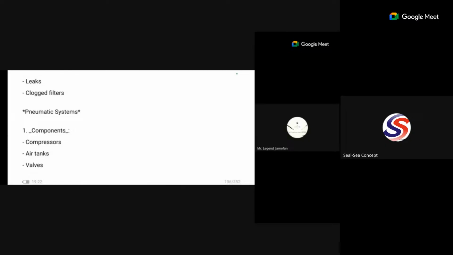Pneumatic system. In pneumatic system, we also have components. We have compressors. We have air tanks. We have valves. I've explained the valve is doing the same work that we explained when I was discussing hydraulic system. We have cylinders, just as we have in hydraulic.